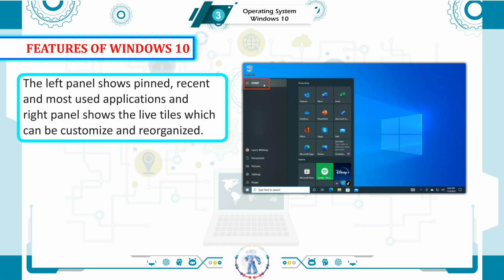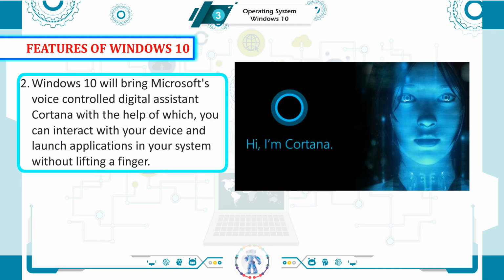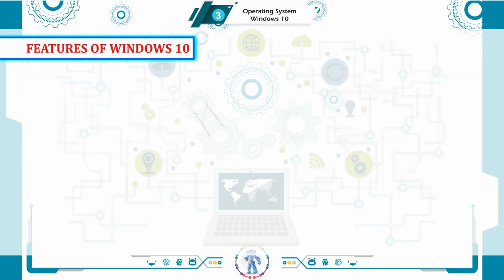The left panel shows pinned, recent and most used applications, and the right panel shows the live tiles, which can be customized and reorganized. 2. Windows 10 brings Microsoft's voice-controlled digital assistant, Cortana, with the help of which you can interact with your device and launch applications in your system without lifting a finger.